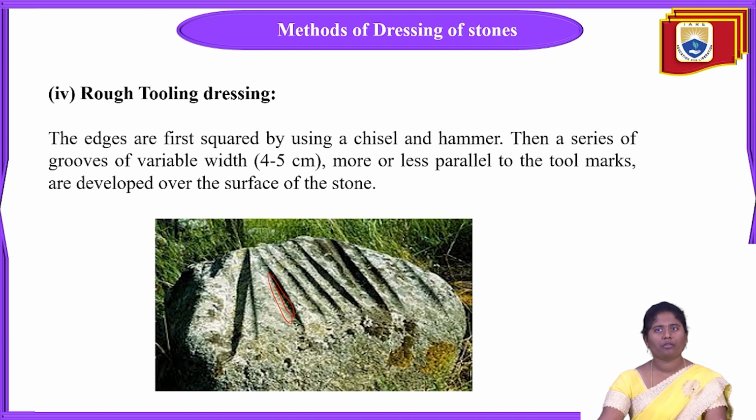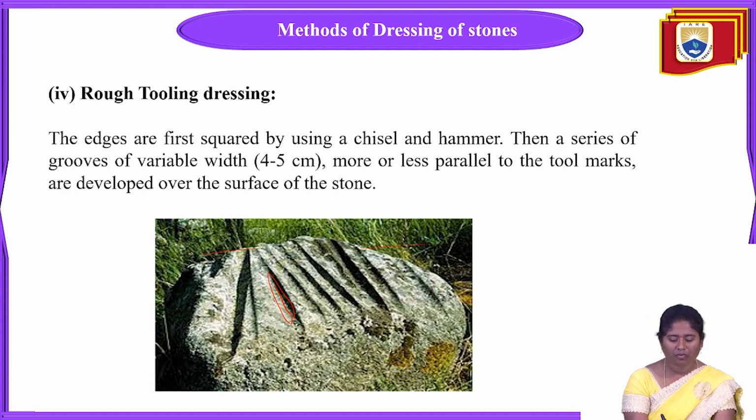In this rough tooling dressing, overall these edges are first squared by using a chisel and also a hammer. Here I am taking the example of this stone. You can see it is an overall irregular stone; it does not have any specific shape.